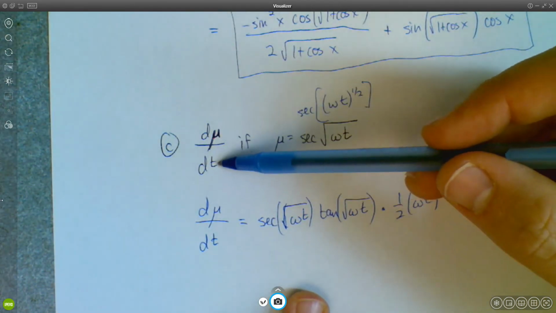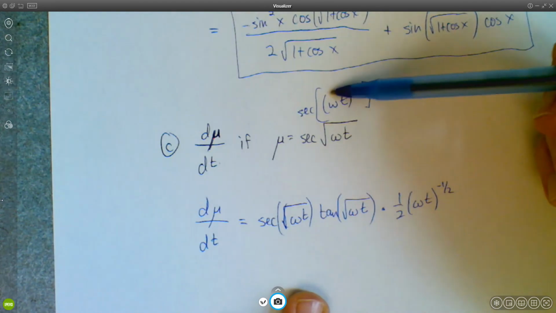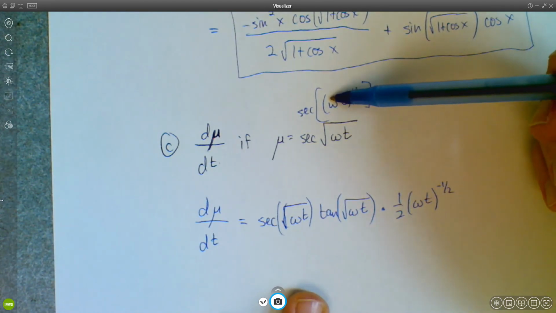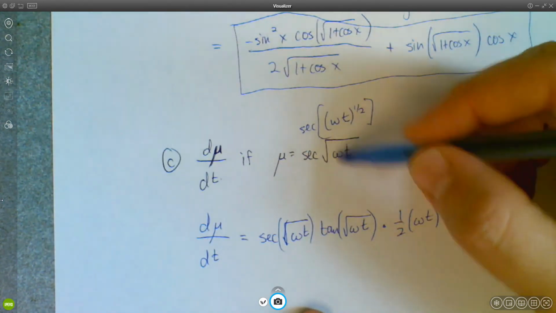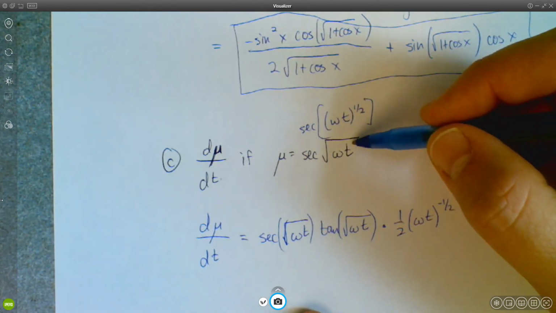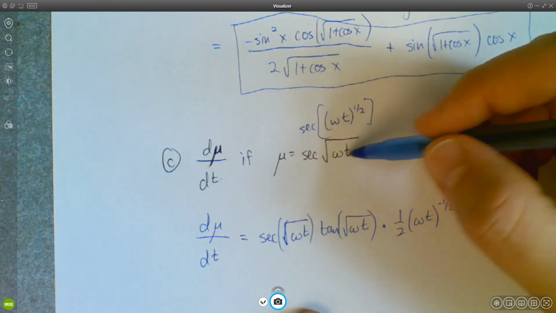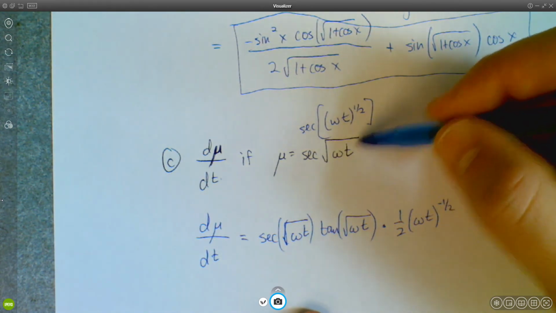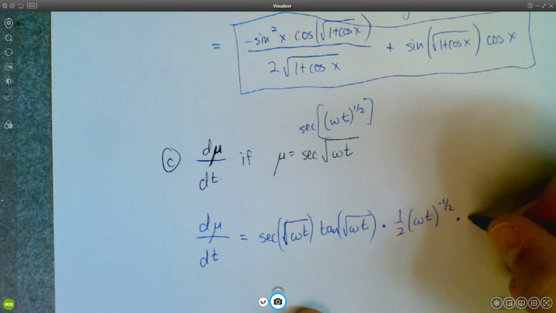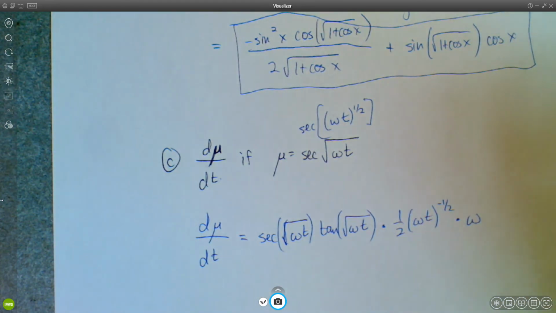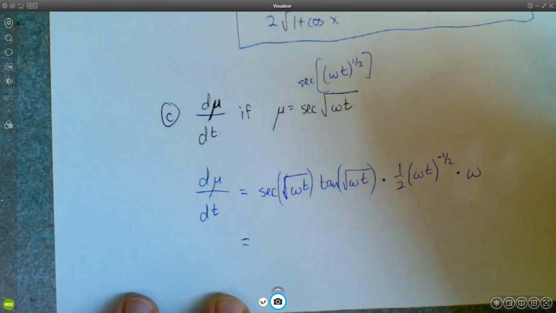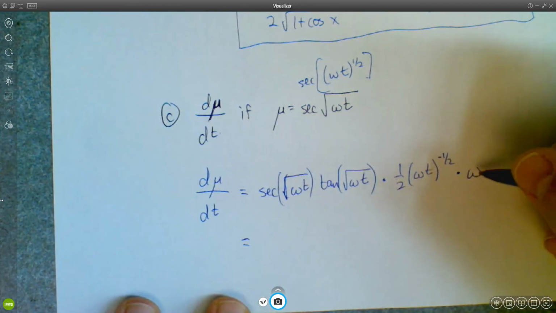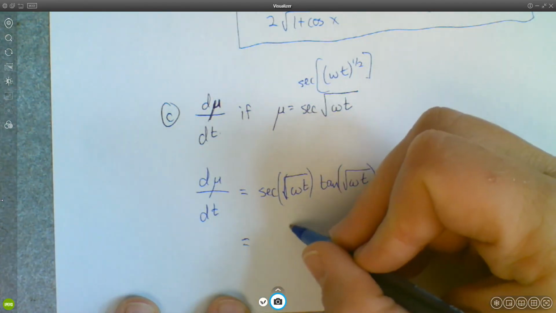Now we're differentiating with respect to t. That means that we consider omega to be a constant. So we have omega times t to the first power. So we bring down the first power. Omega times 1 is omega, and then 1 minus 1 is 0. So the derivative of the innermost function is just omega. And then, of course, we can simplify. So I'm going to put this omega out in front of my trig functions.